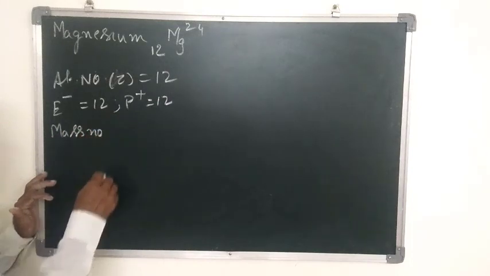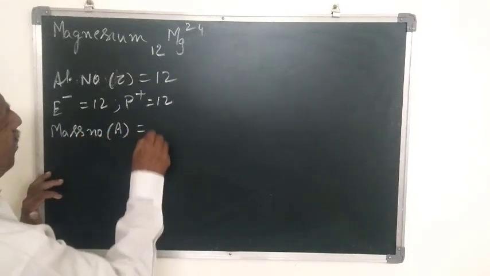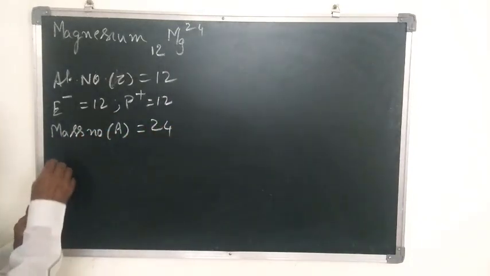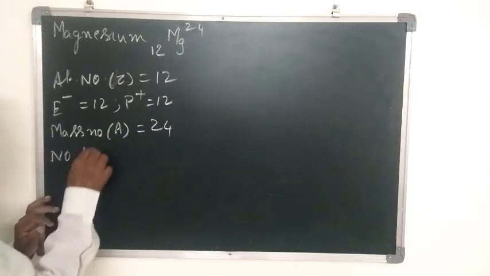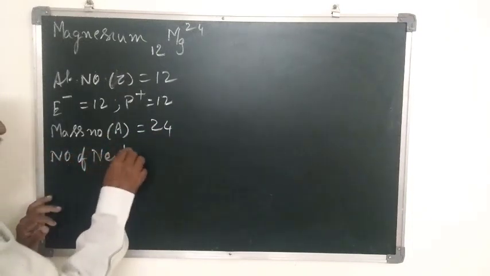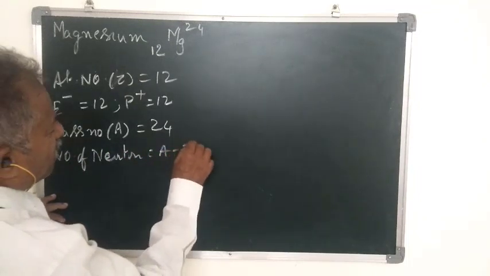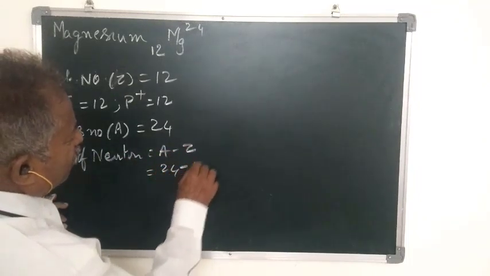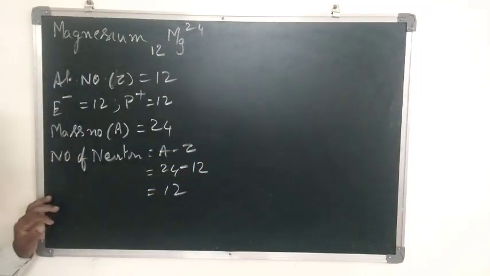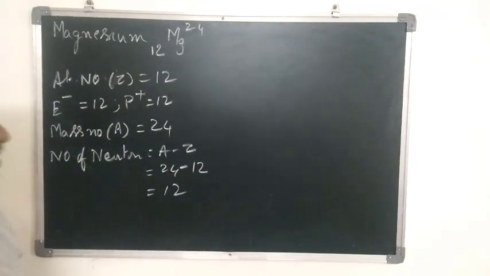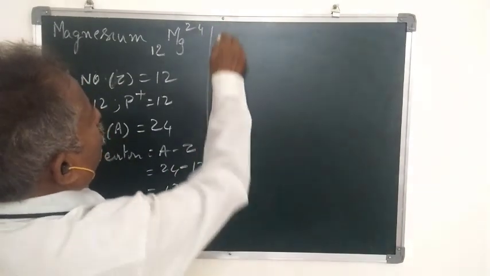Mass number A is 24. So number of neutrons, A minus Z, 24 minus 12 equals 12 neutrons. Now let us draw the electron picture.